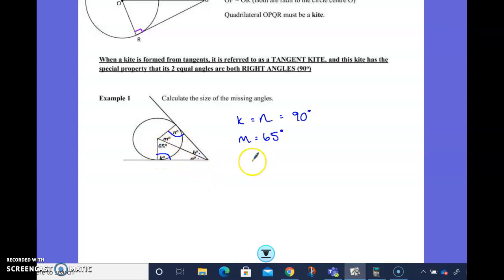We've got one at 90, one at 65, add them together, 155, take away from 180, which gives us 25 degrees. Real trouble with my subtracting tonight. So A and B are both the same and they must both be 25 degrees. Okay.